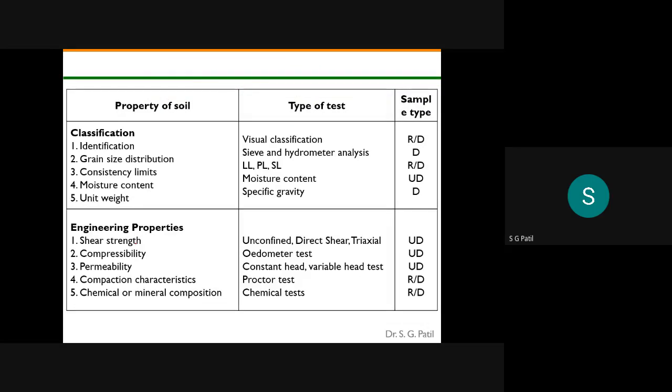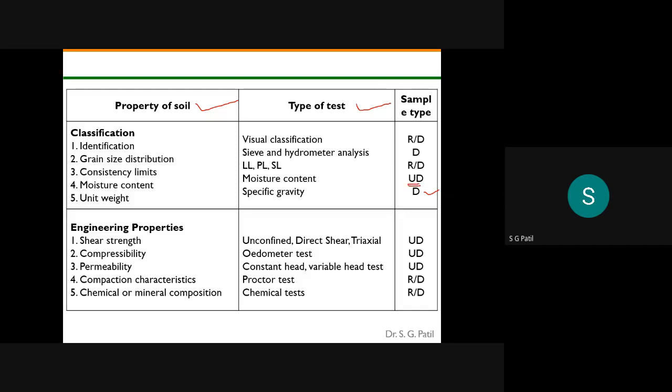This is the table where these are the properties of the soil, this is the type of test, and this is the sample type. If you are doing classification tests like identification, grain size distribution, consistency limit, moisture content, unit weight, for those purposes you need disturbed samples. D means disturbed samples, and UD means undisturbed samples.